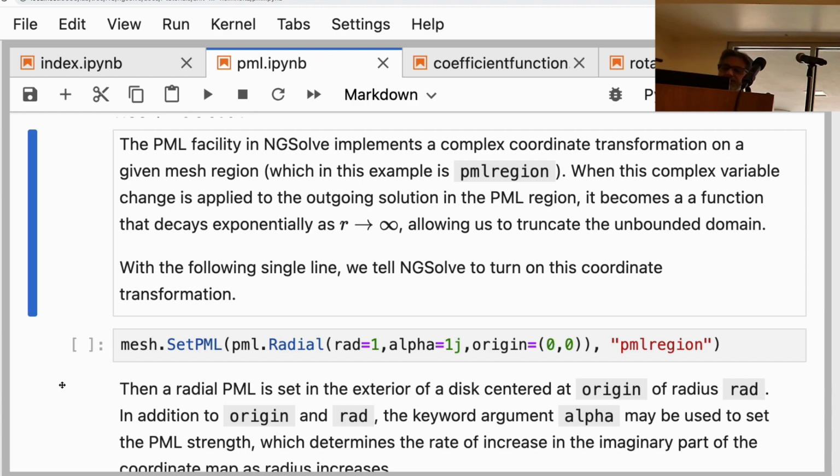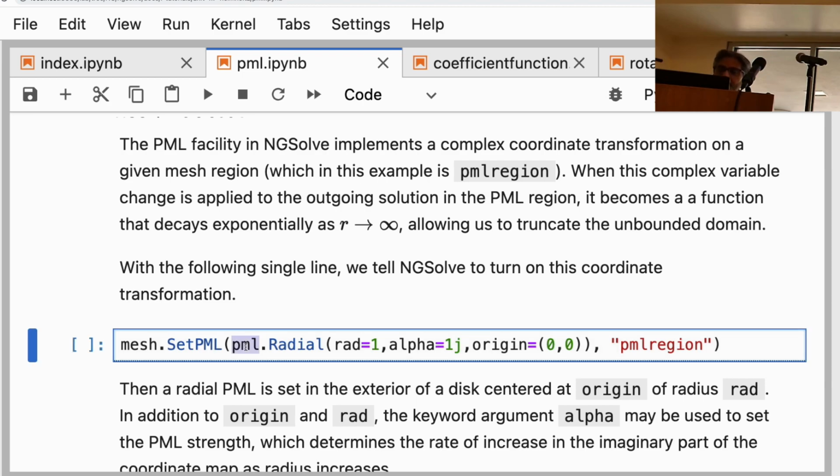So the implementation in NGSolve is there's an object called PML, and you can set a radial PML by providing a strength to the PML, which is sort of the strength of the exponential decay, and a radius of where the PML region ought to start, with respect to this origin.